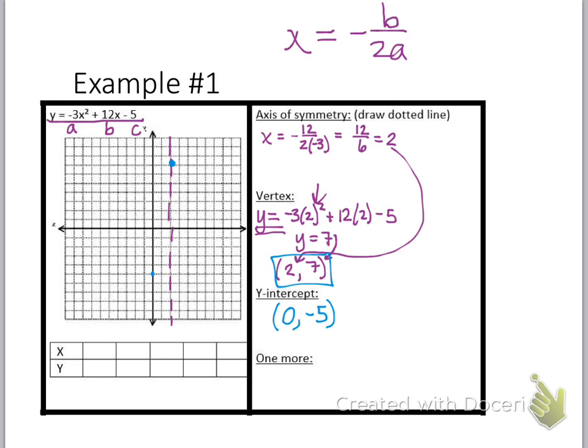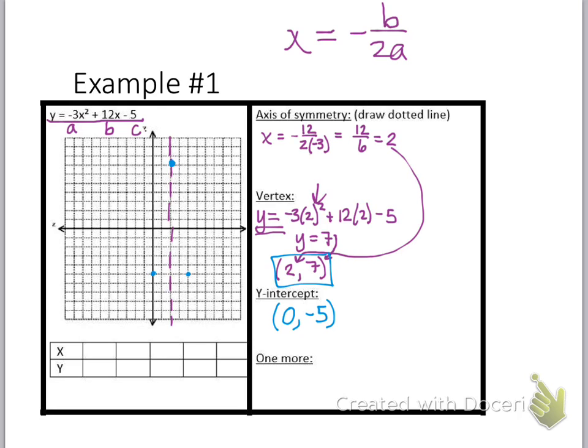That point right there, if I fold at the axis of symmetry, should be exactly the same distance from the axis on the other side. So I've got 1, 2 boxes, 1, 2 boxes. So I have a dot on the other side of the axis of symmetry, the same distance from the y-intercept.